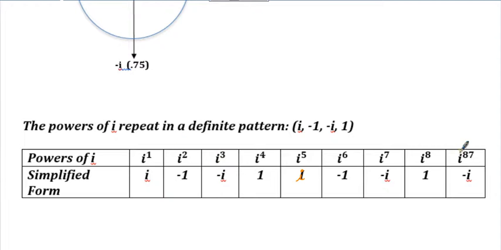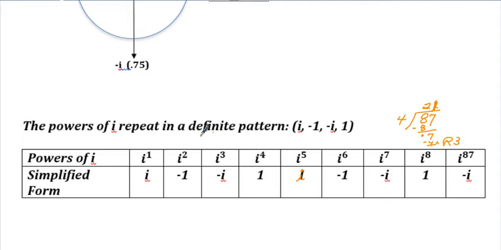Let's take a look at this example, i to the 87. 87 divided by 4. 4 goes into 8 twice, leaving a 7. 4 goes into 7 one time, with a remainder of 3. Therefore, I go around this pattern 21 times, right?